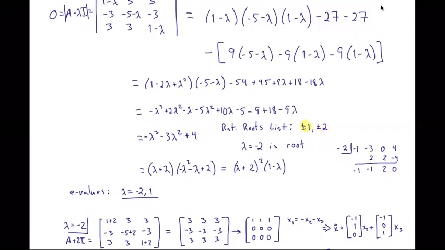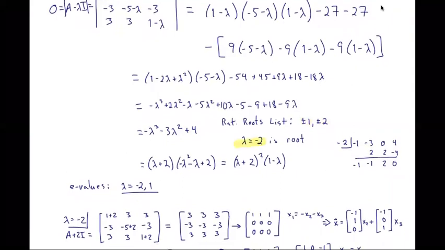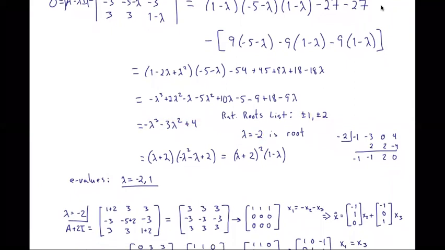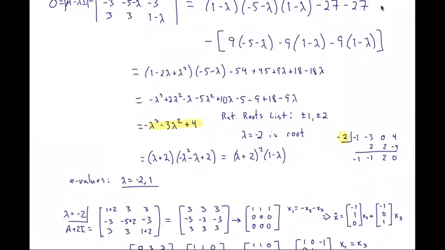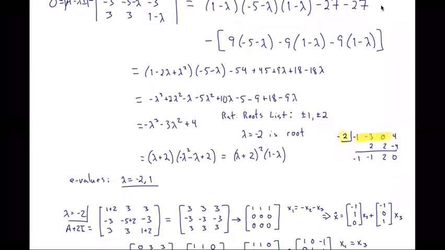If we check by trial and error, we realize that lambda equals -2 is a root of this polynomial. When we plug in -2, we get 0. So we use synthetic division by -2, using the coefficients of this polynomial over here. Remember that synthetic division works as follows. -1 comes down here.